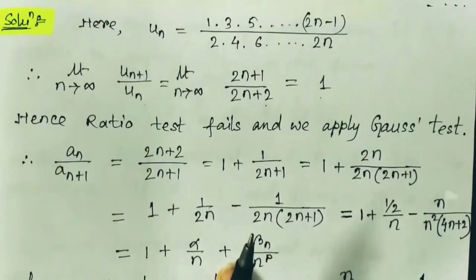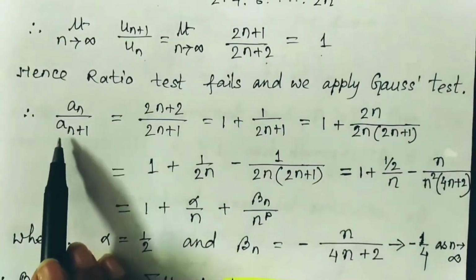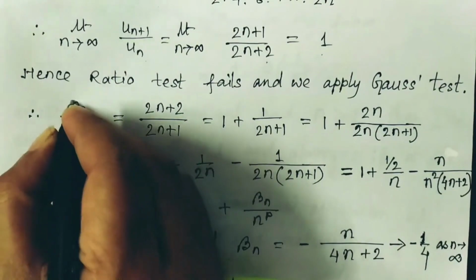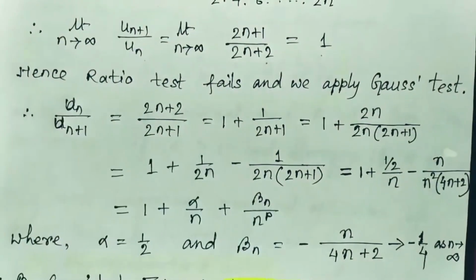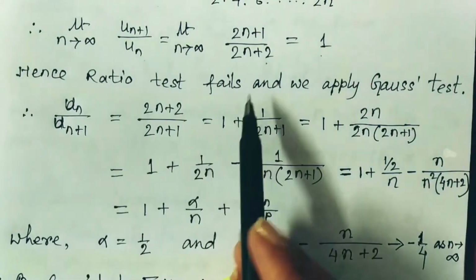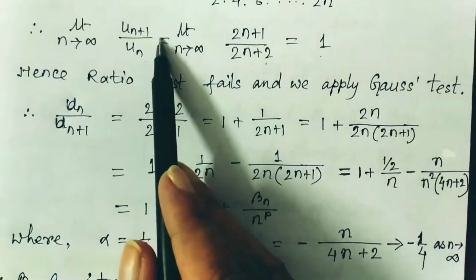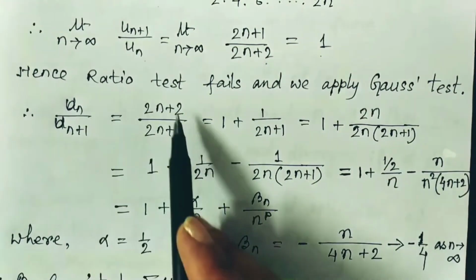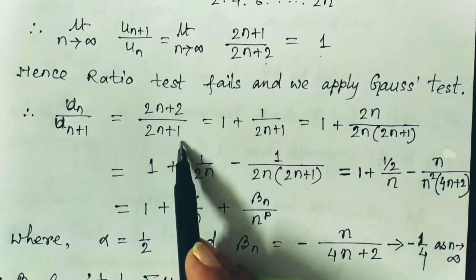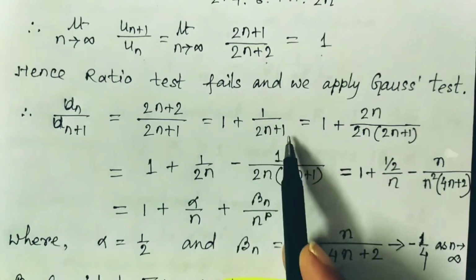So for the Gauss test, at first we find the ratio un divided by un plus 1. That value, previously we calculated un plus 1 by un as 2n plus 1 by 2n plus 2. Now it is just the reverse, so it is 2n plus 2 divided by 2n plus 1. That we can express as 1 plus 1 upon 2n plus 1.